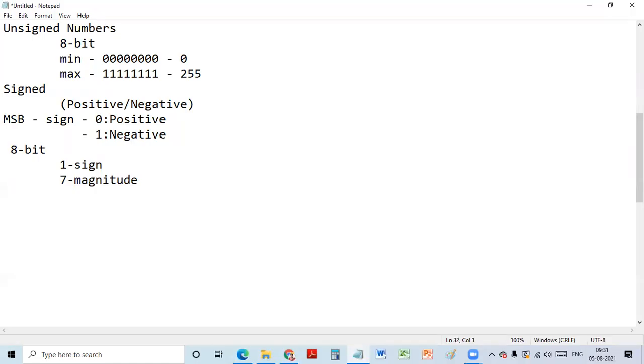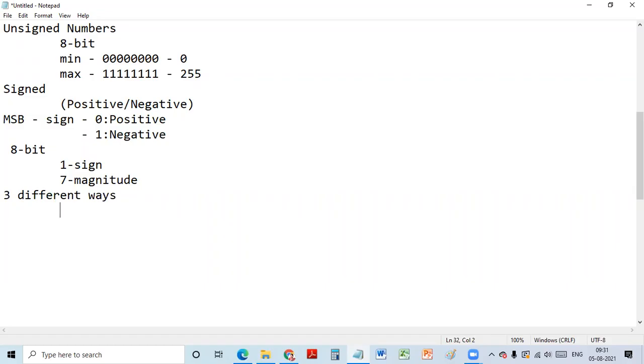Now, to represent the magnitude with these 7 bits, there are again 3 different ways used to represent the magnitude of a number.